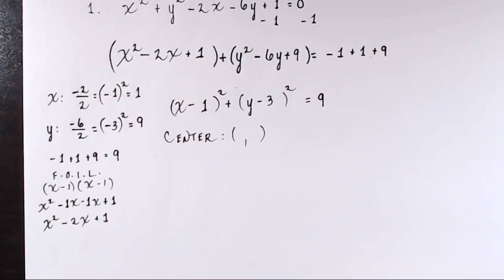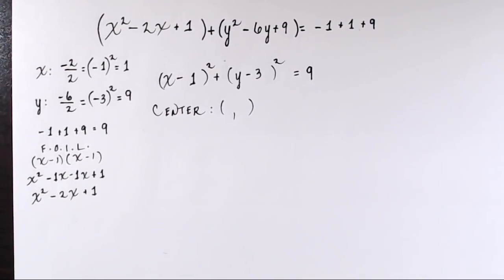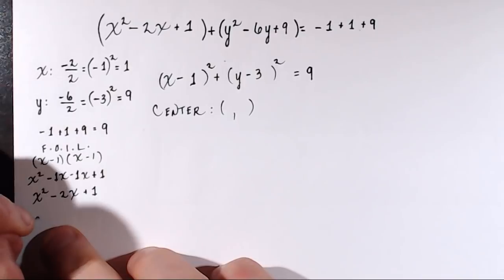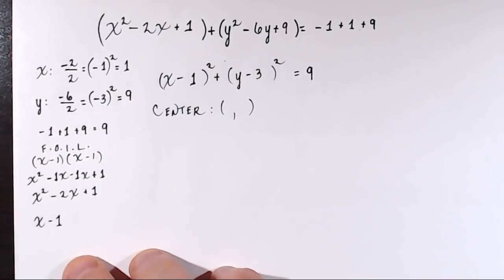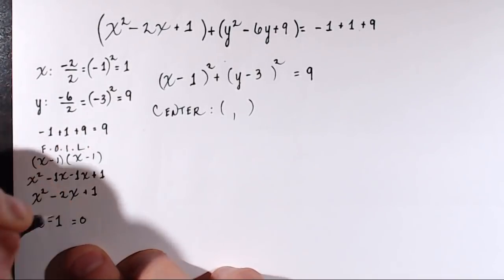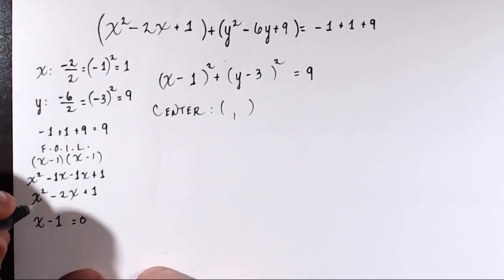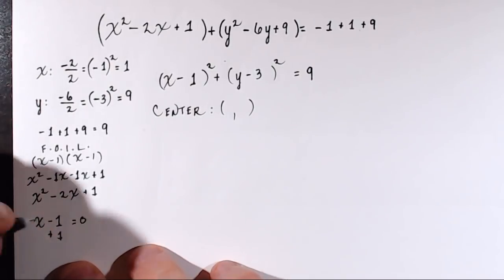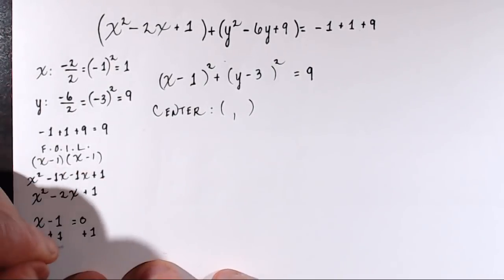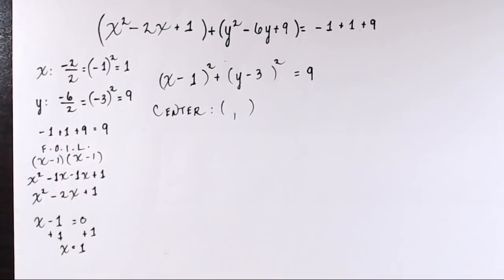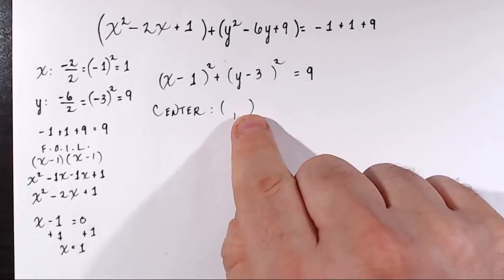You know, another way to look at this is to say, well, what exactly does x equal? X minus 1 set equal to 0, then solve for x. You add 1 to both sides, and you get x equals 1. So x is 1.